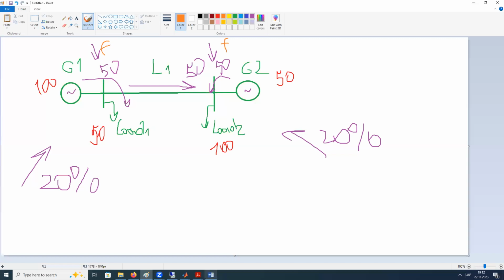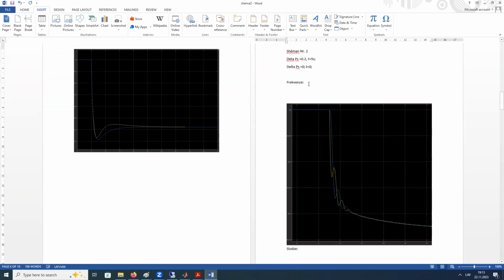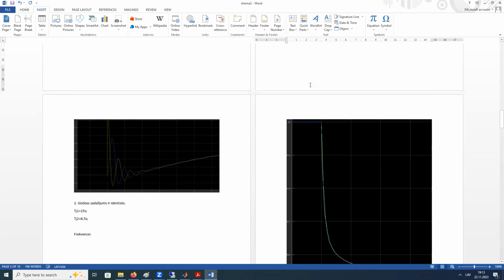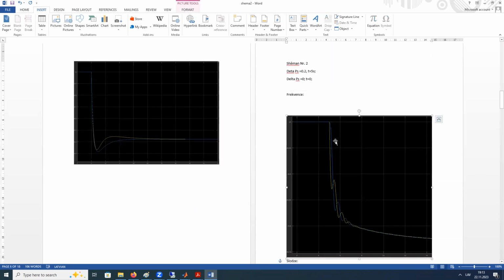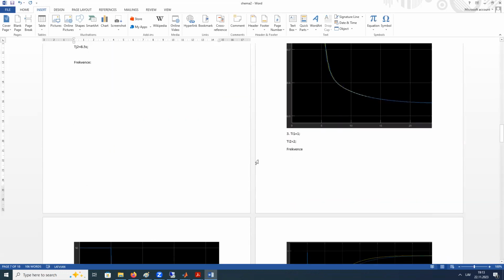Here we could see these different fluctuations. So what do we have for scheme number 2? The first is when all the parameters are equal, we have a difference in delta P, so different deficit only for the first one. The second scenario is when we have a different TJ, different inertia for each generator, and here we could see the difference.